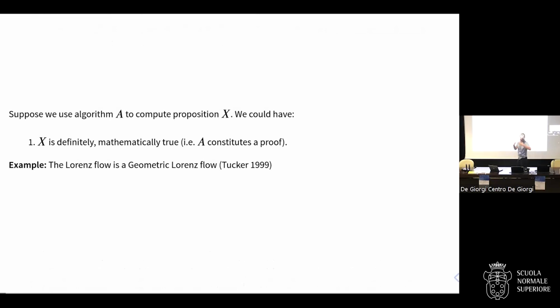So, to do a categorization, just imagine that we have some algorithm, either on pen and paper or on a computer, that will compute some proposition. And of course, we could prove a theorem, both by paper but also using the computer, to say that this is true.